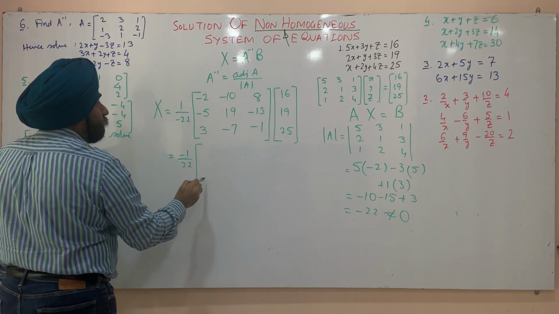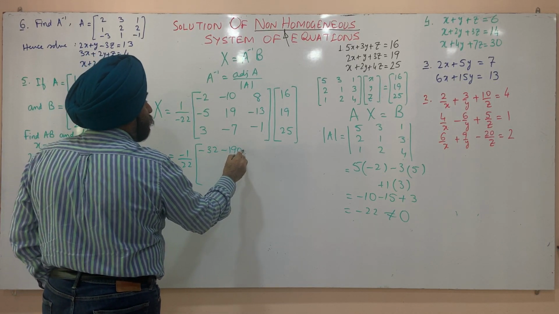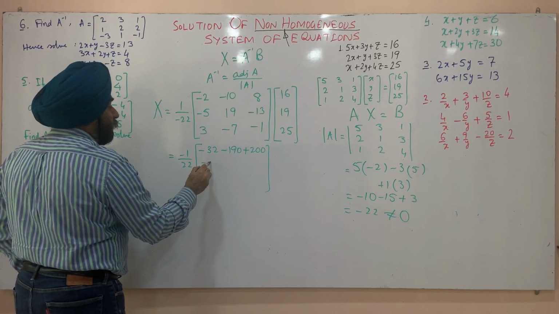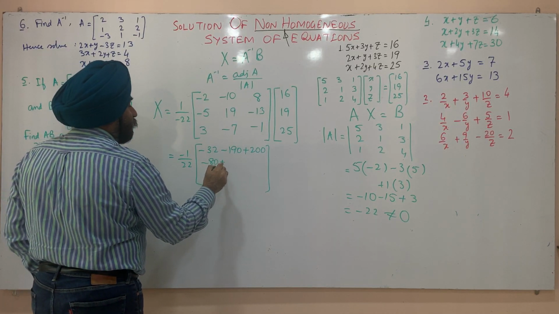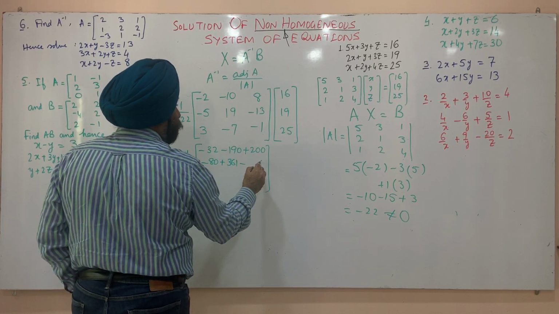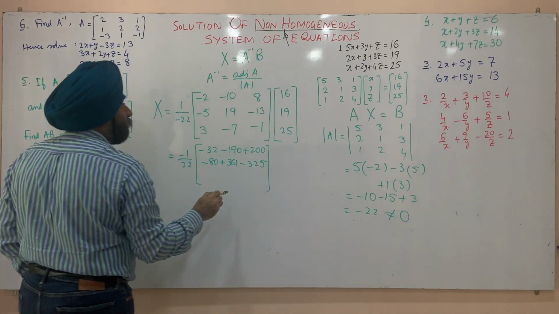Let's multiply. This is minus 32 minus 190 plus this is 200. Minus 80. Next will be 361 minus this is 325.